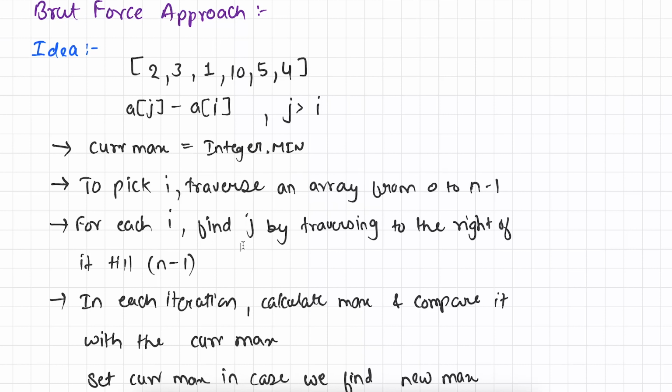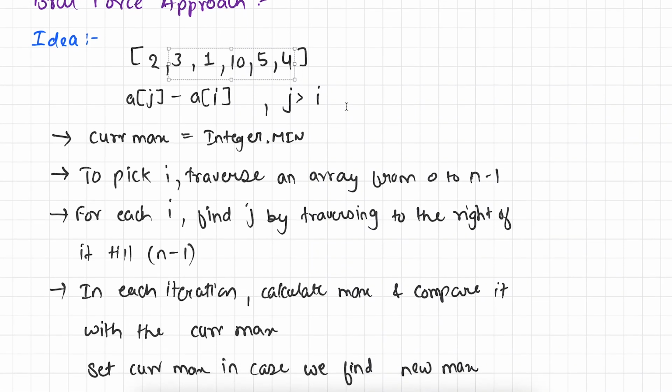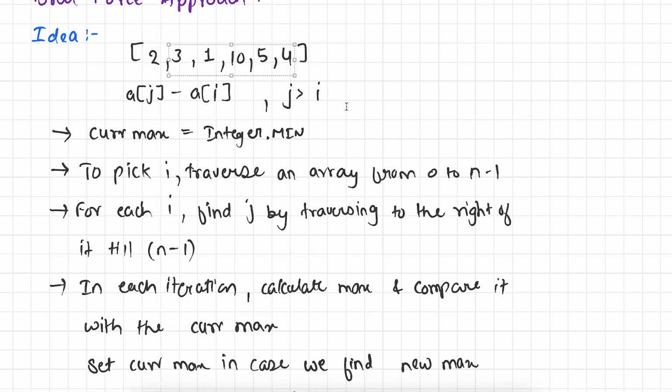And for each i, we are going to find j. And how are we going to find j? Let's say our i is 2, then we find j by traversing to the right of i till n minus 1. And then in each iteration we are going to calculate the maximum difference.